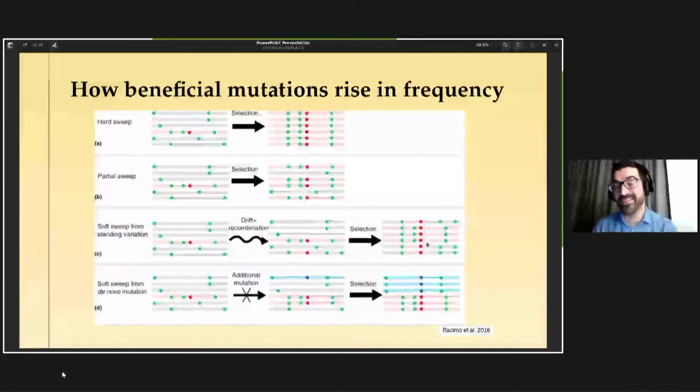And it can happen that it's a bit more difficult to detect, and this will be what is called a soft sweep. And it could happen also that this mutation doesn't reach fixation yet, but we have a new mutation that appears here. Now, this is just to illustrate how different models of selection can give us different signatures, and it's not always easy to detect all of them at once.